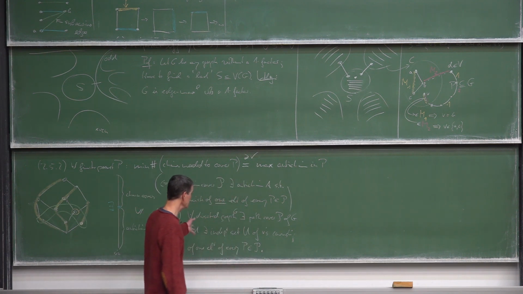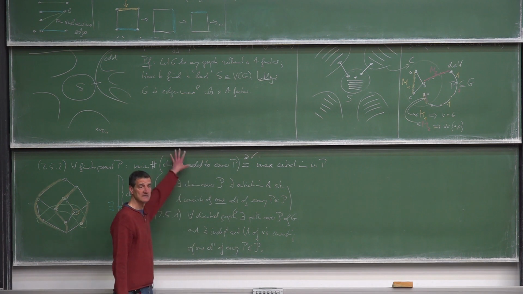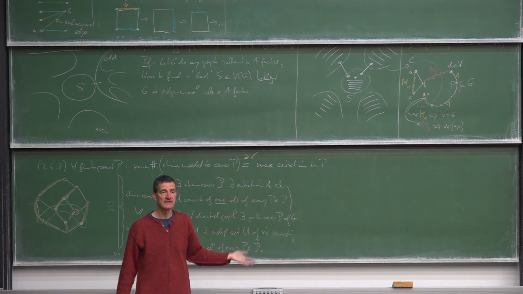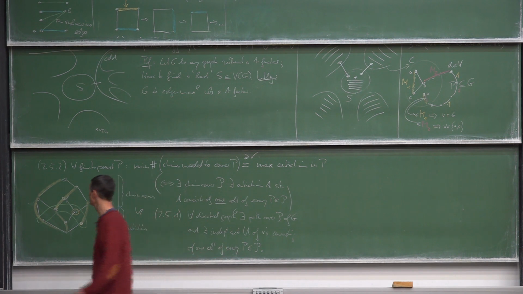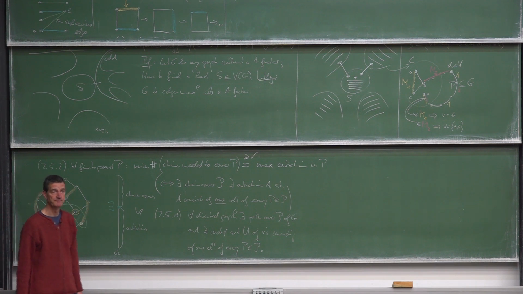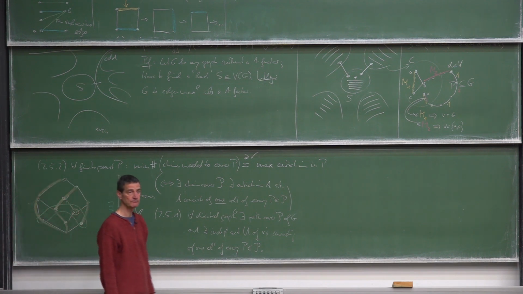Let's just see first why it implies Dilworth's theorem. Well, given a poset, let's come up with a directed graph. What's the directed graph? Easy. The vertex set is the elements of the poset, and we draw a directed edge from any point to any other point that's bigger.